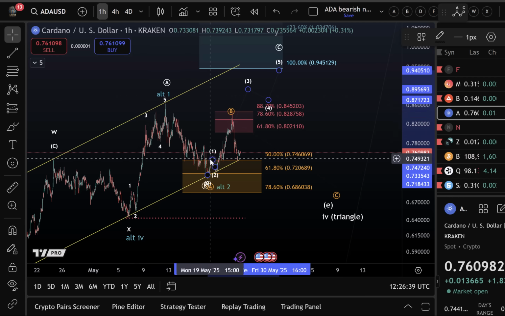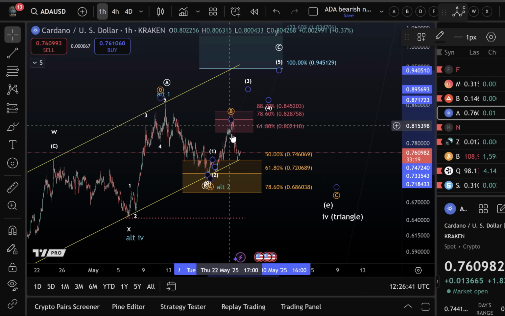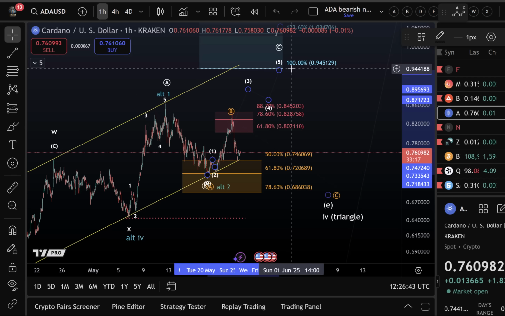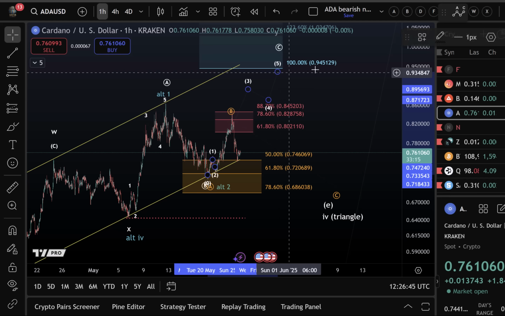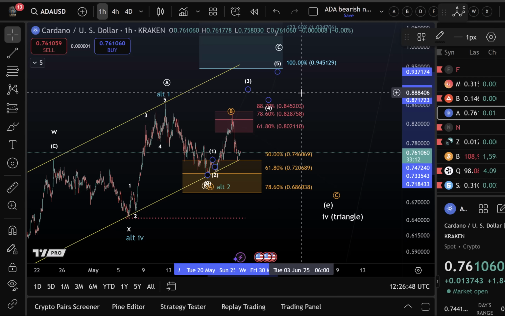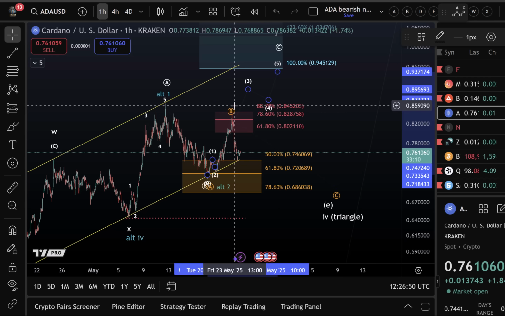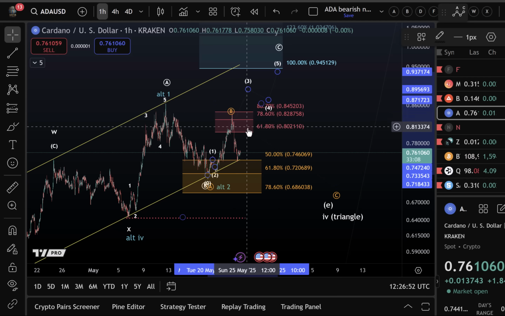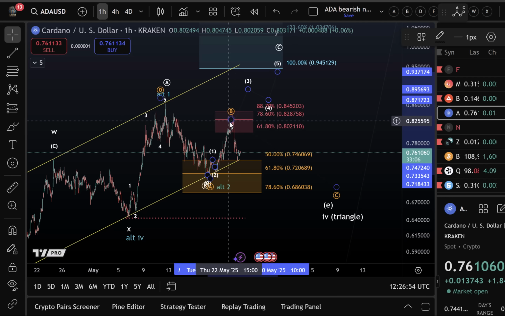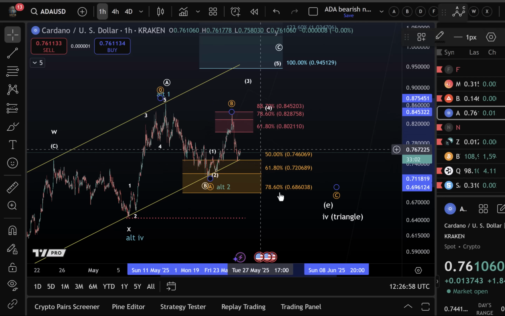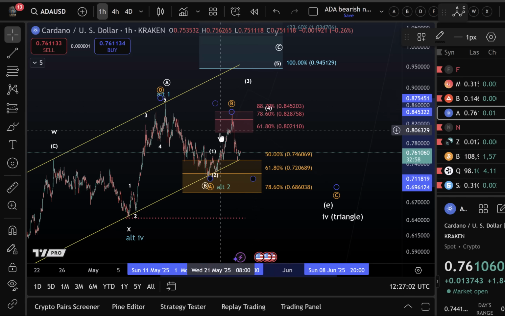And it remained a three-wave rally, which is okay, because we only expected 5 waves to form somewhere up here around 94.5 cents. But as I explained, the resistance area here was exactly the space where a B wave could top or where there could be a setback. So again, these levels, they are not there for decoration.